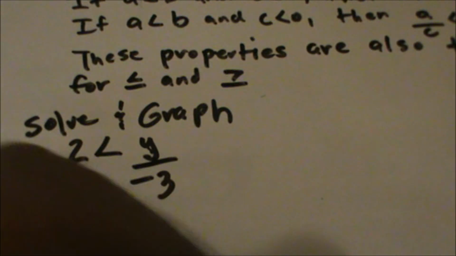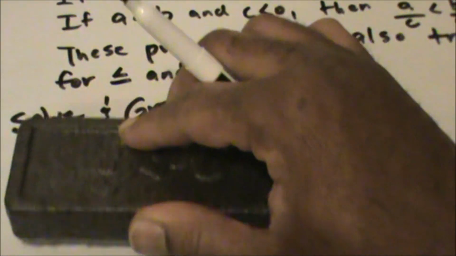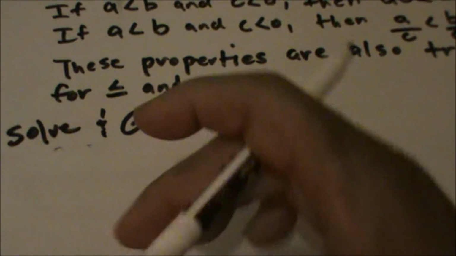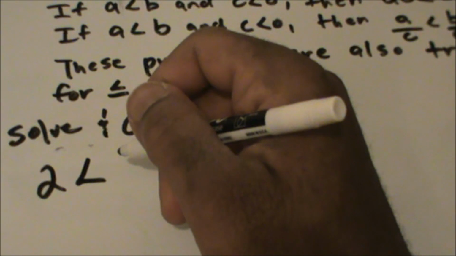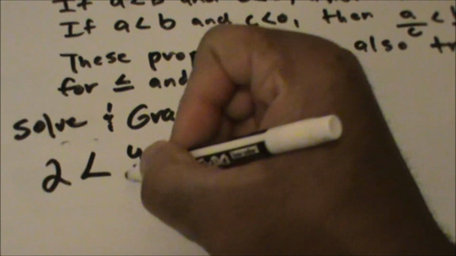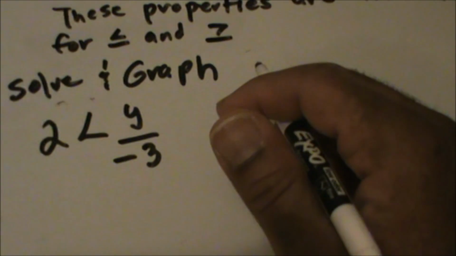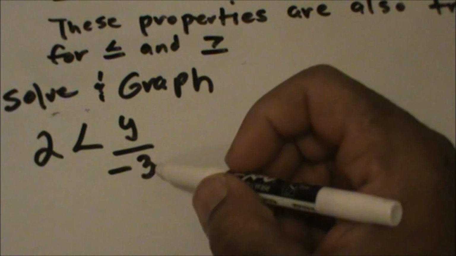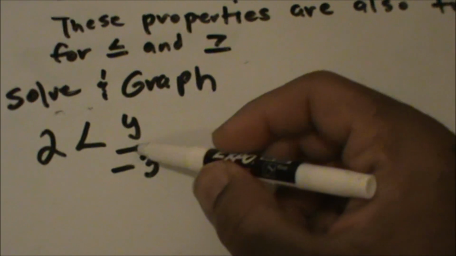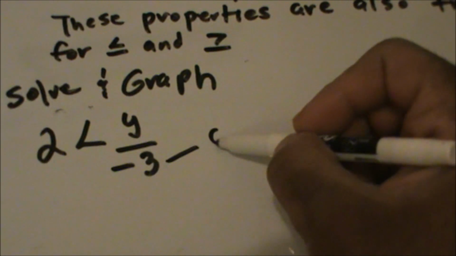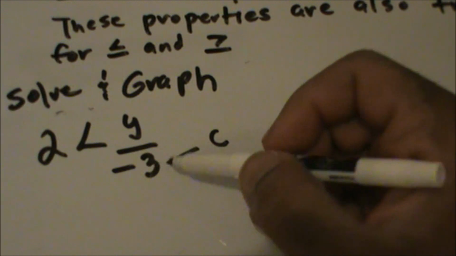Let me put this a little lower so it doesn't collide with the words above. 2 less than y over negative 3. And then we're going to graph the inequality too. In this case, you have y over negative 3. This time, the expected C value is less than 0.